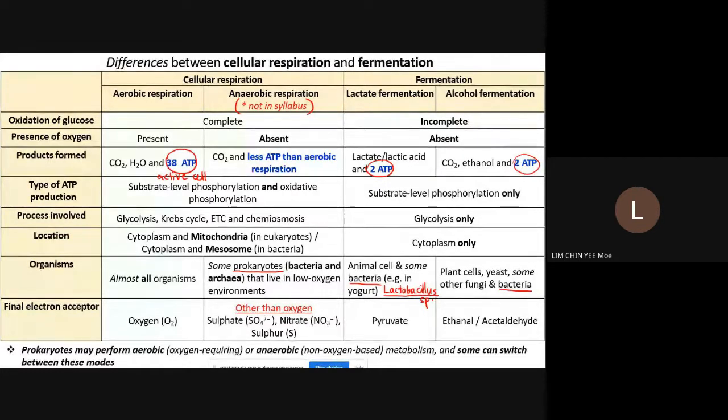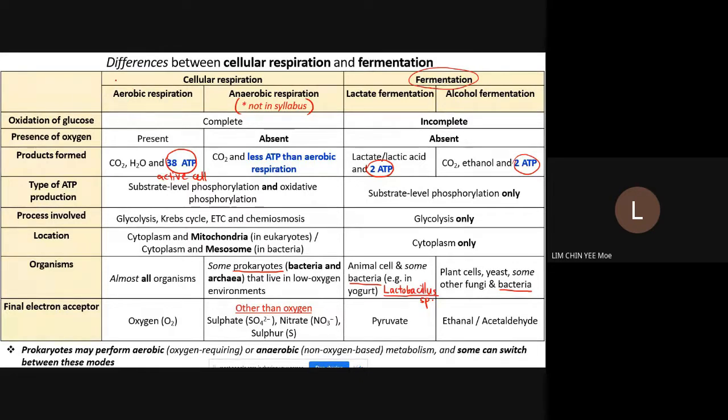But if the question specifies glycolysis, if it's just specifically in glycolysis, how many ATP produced, then you have to answer 4. How many net ATP? 2. That's only for glycolysis. But if we consider the whole process of fermentation, how many ATP produced? 2.